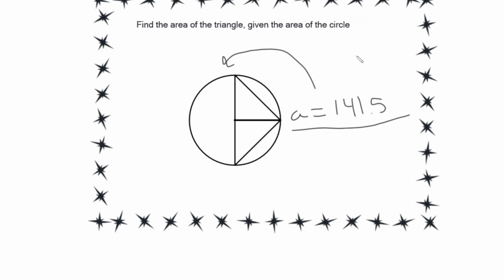But look here closely. The triangle's height looks like the radius, and the triangle's base looks like the diameter. So we could find these measurements from the area and then multiply using the triangle's formula, half into base into height. So let me write down this formula so we don't forget it.